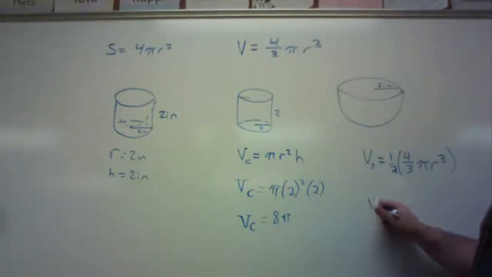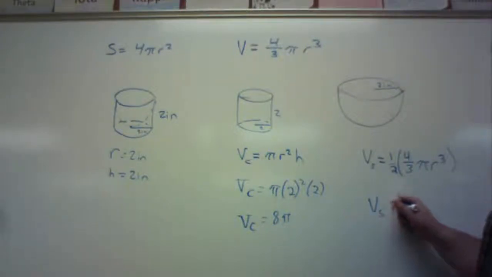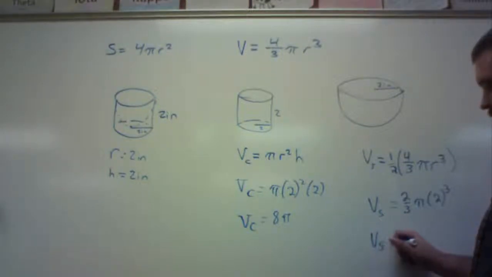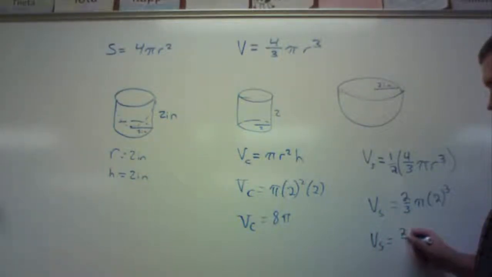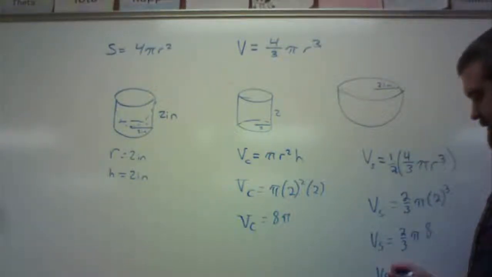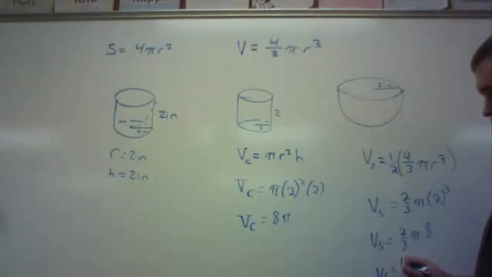The volume of the sphere is going to be 2/3 pi 2 cubed, so 2/3 pi 8. 2/3 of 8, volume of the sphere is going to equal 16/3 pi.